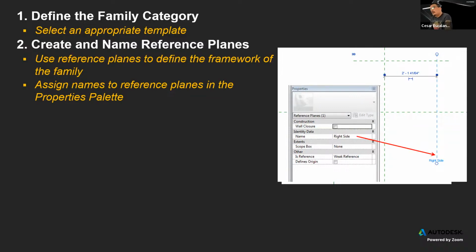If you don't give it a name, it won't be an available choice in the drop-down list of working planes that you can use for hosting geometry or hosting sketch lines. So naming working reference planes is always a good practice. The other thing is that parameter called Is Reference, and it says whether it's weak, strong, or a named reference. That's the part I want to highlight here.